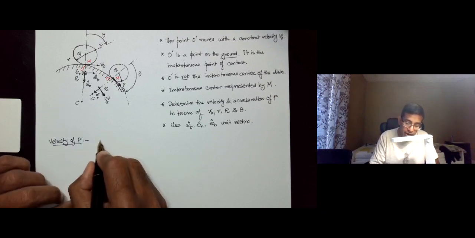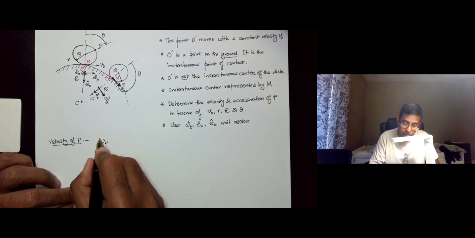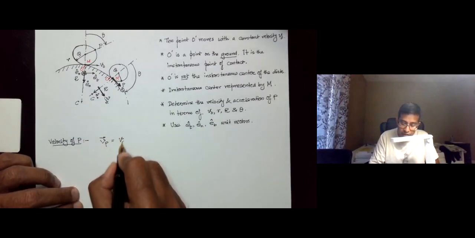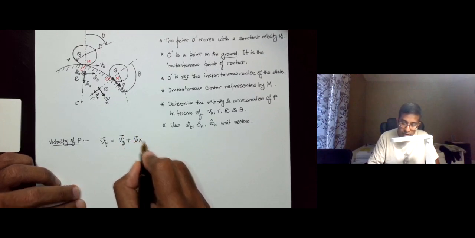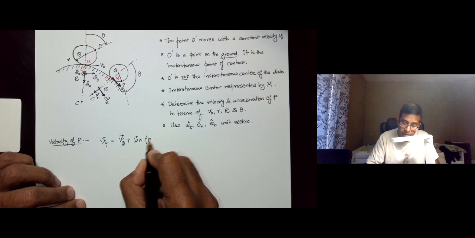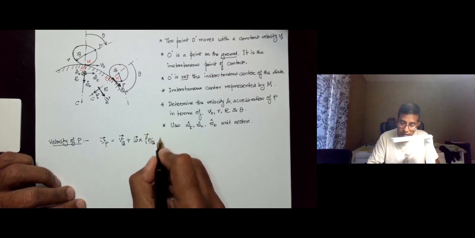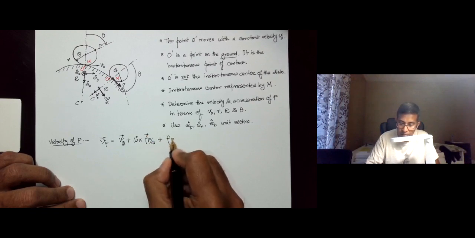So we start by writing P in terms of Q. So we'll say Vp is equal to Vq plus omega cross rho P with respect to Q plus omega P with respect to Q dot R.